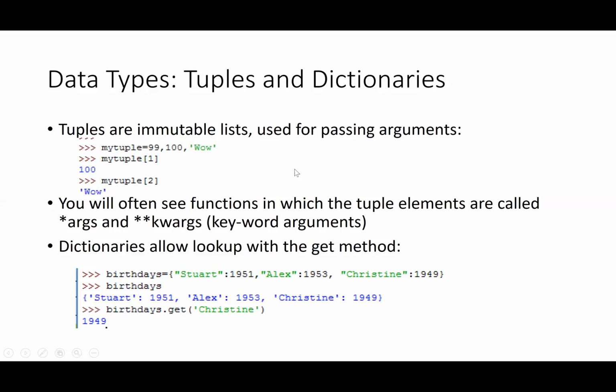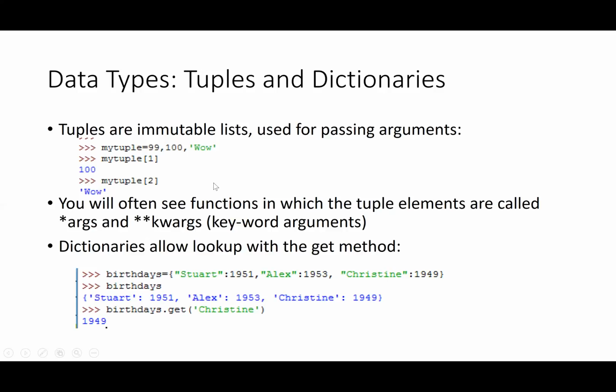You'll come across tuples because tuples are used for passing arguments into functions. When you go looking for help on Python functions, you'll often see as the arguments inside the parentheses that follow the function where arguments are passed, you'll see star args and star kwargs. Args are the typical arguments that you might pass to a function.